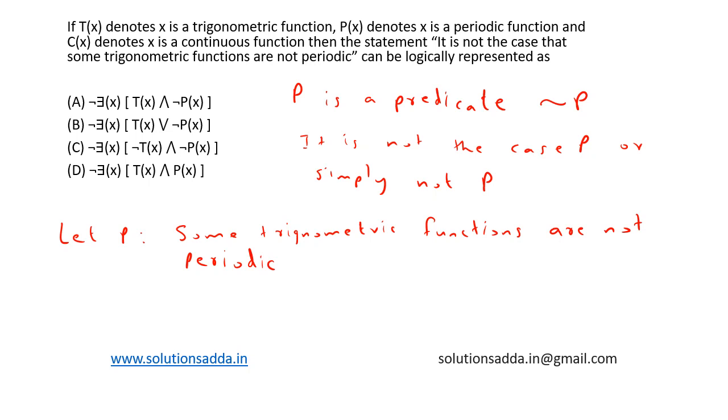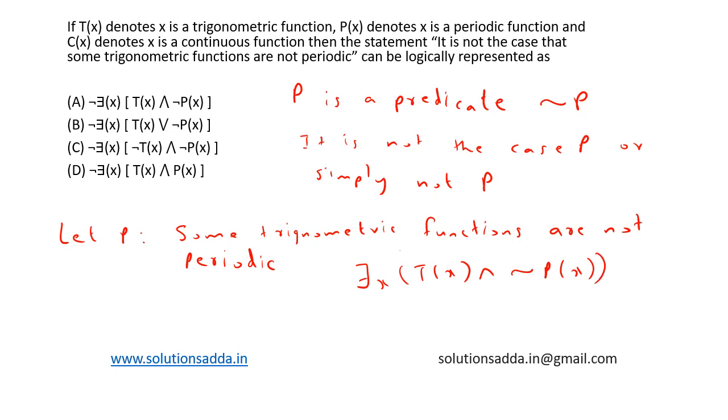This means that there exists a function which is trigonometric and not periodic. It can be written as there exists some x such that T of x, that is, there is a function which is trigonometric, and not P of x. We can write it like this.